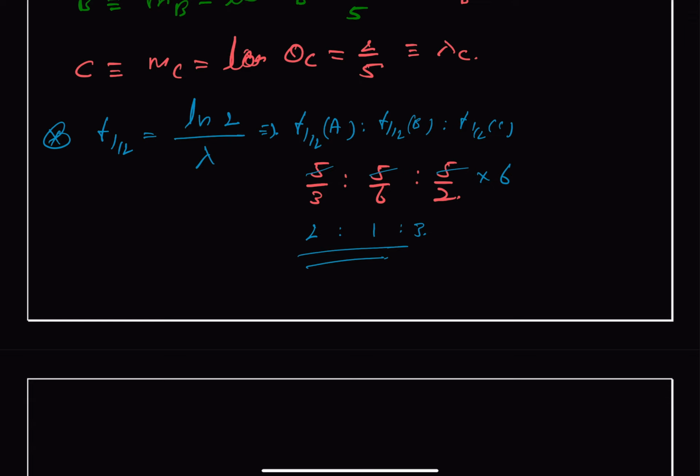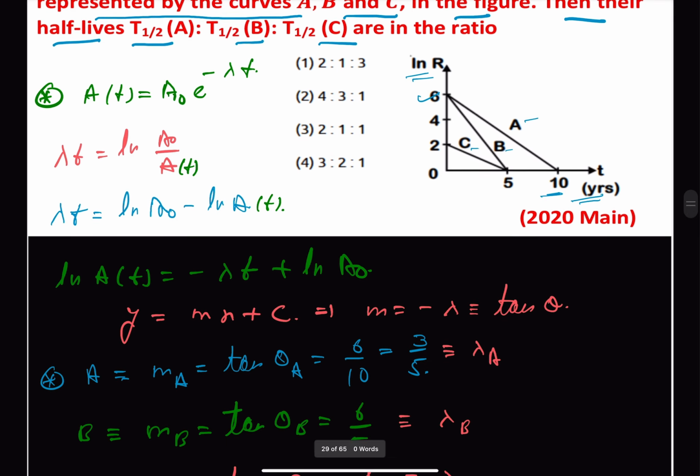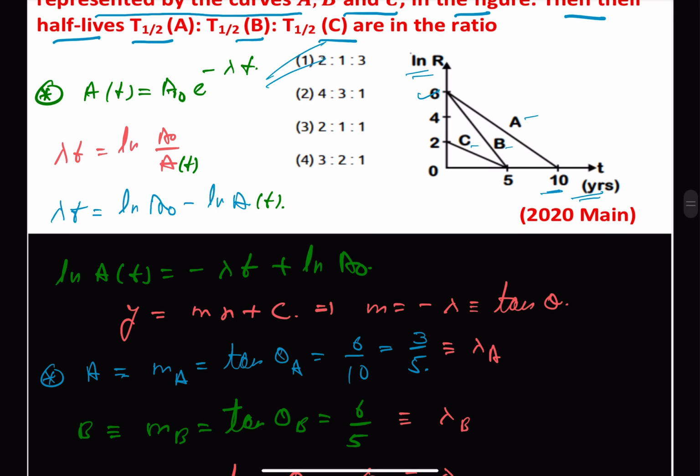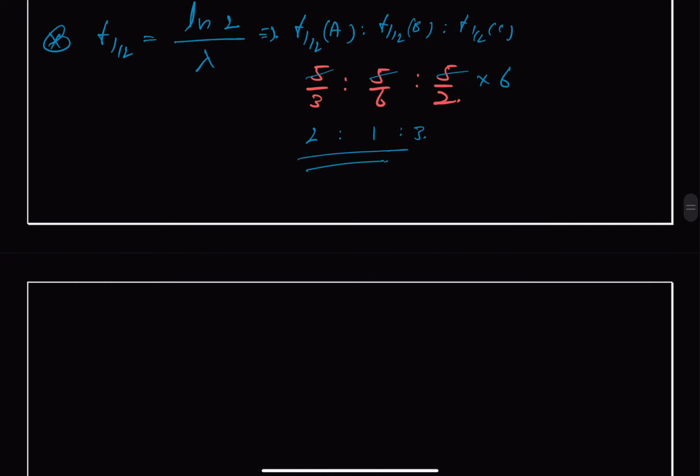So this will be 2:1:3. So option number 1 is correct. Next question.